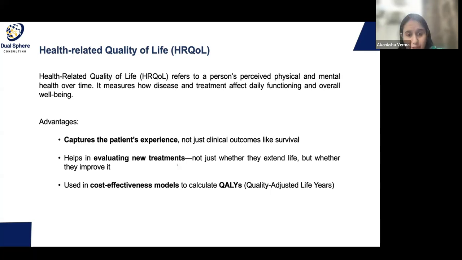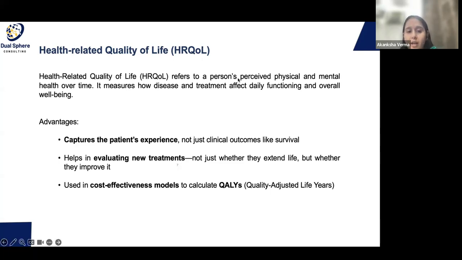It helps in evaluating new treatments, not just whether they extend life, but whether they actually improve it. Okay, any new treatment, let's say an oncology treatment, is coming, it's not only about survival, as we have already told in previous sessions also, that now we don't only think about the treatment which extends your life.